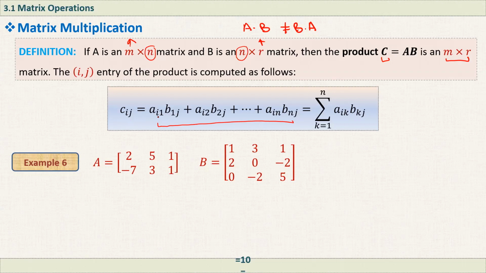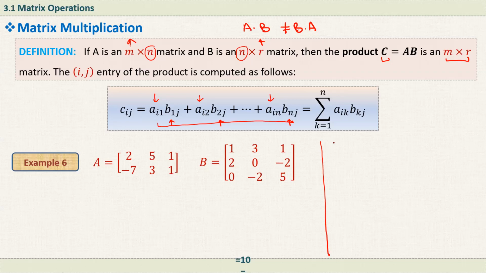We are multiplying the entries Ai1, Ai2, up to AiN. These are the i-th row of matrix A. And B1j, B2j, and BNj are the j-th column of matrix B. If you multiply them together, it gives us the Cij entry of C. That means that to do this, we should first know how to multiply a row matrix by a column matrix.